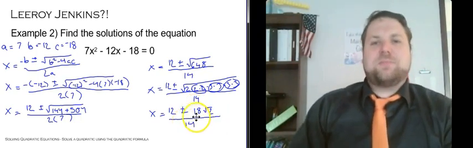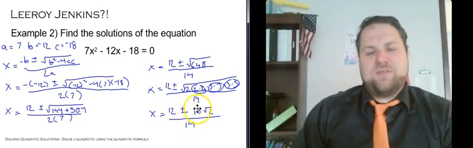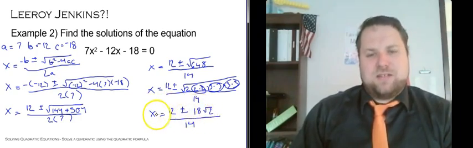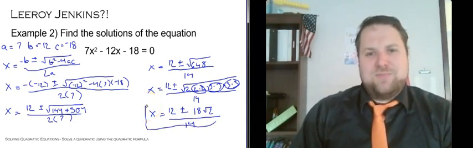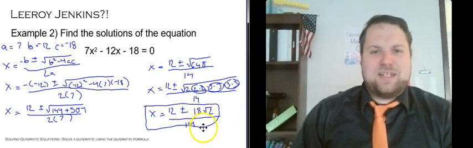Now this can be simplified a little bit in that I can simplify the fraction. However, that's not the point of what we're doing here. And 18 times the square root of 2, you can enter that into a calculator and it's still going to be irrational, which means I can actually leave my answer just like that. I don't have to simplify that any further.